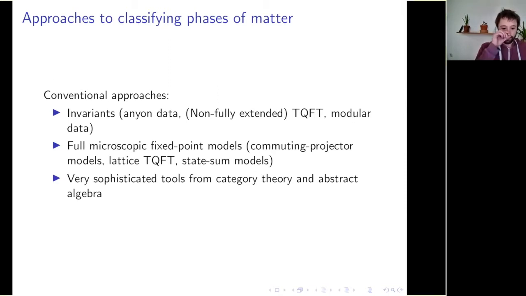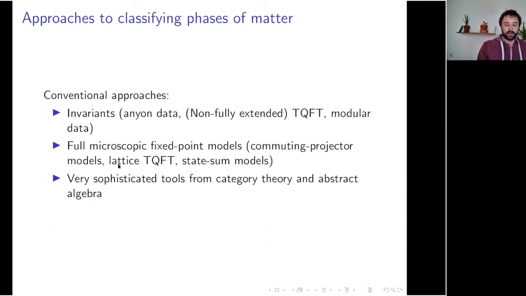So now both approaches have the problem that they are formulated in terms of higher category theory, which is a relatively complicated tool and not very accessible to a broader physical community. The approach that I'm going to introduce to you is relatively similar to lattice TQFT and state sum models, but all you need to know to understand it is really just tensor networks and tensor network notation.